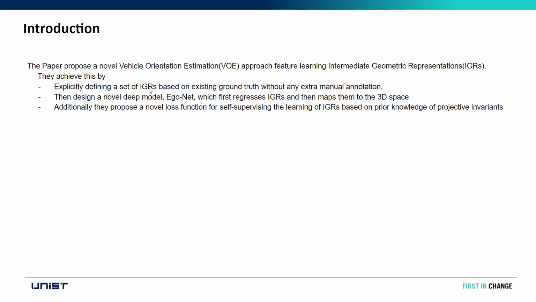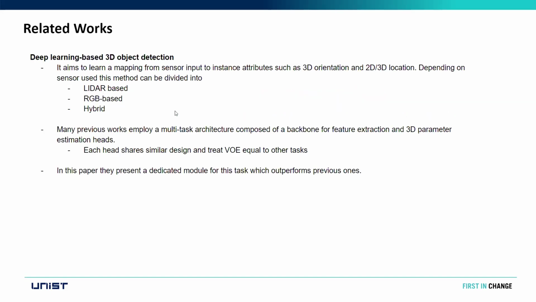Then they design an EGONET model, whose task is to regress IGRs only. They also propose a loss function for self-supervised learning based on prior knowledge from projective invariance. We will talk about this in depth later.